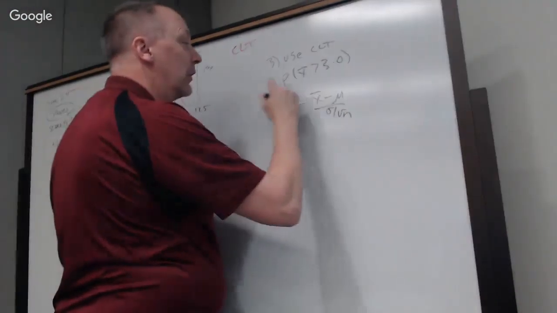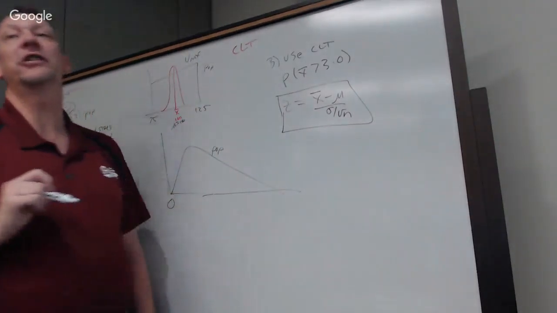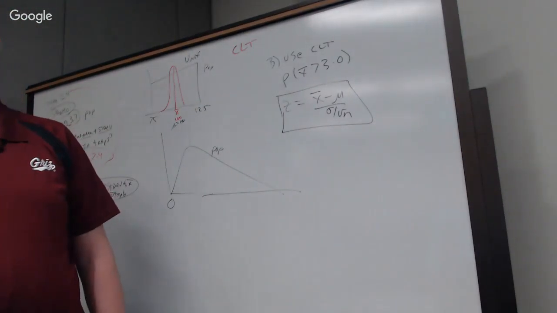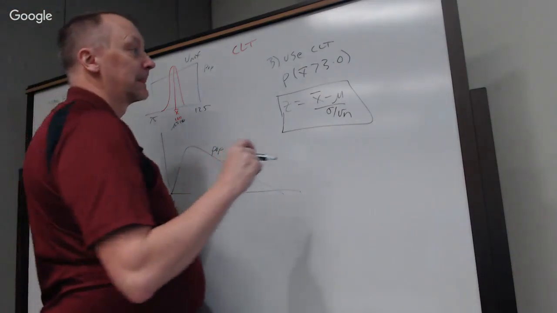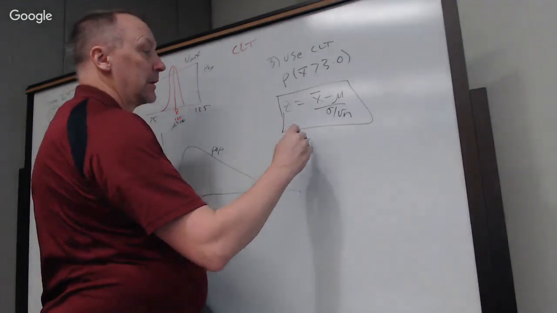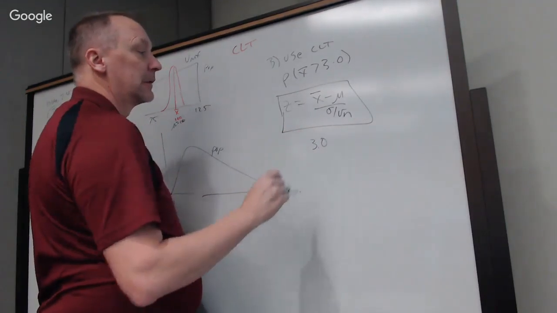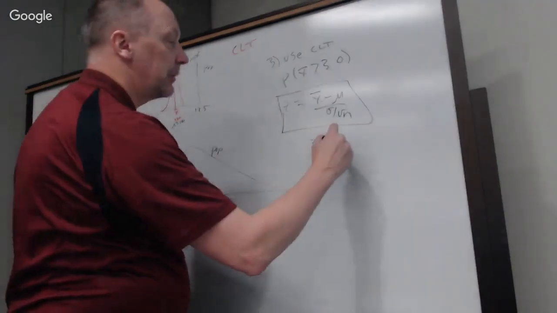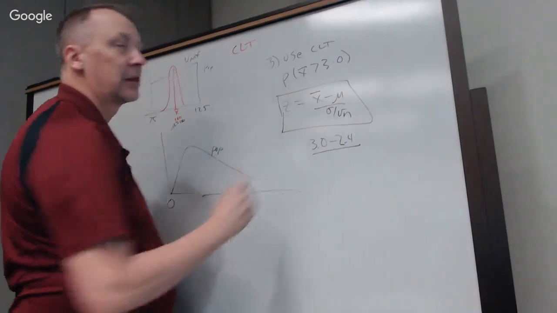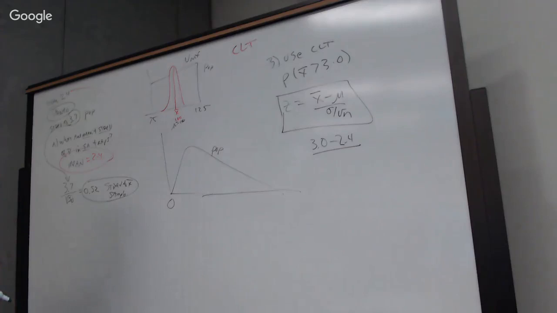So now that you've got the equation, Ashley, Brady gave you a big piece of help there. Can you do it? Maybe, let's try. So you have 3.0 minus your mean, which is 2.4, over your standard deviation, which is 0.52.